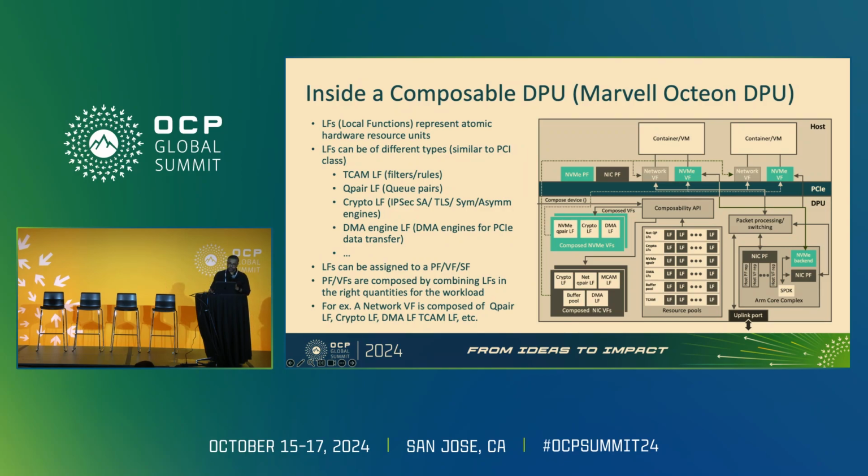One is an NVMe VF and one a NIC VF. The NVMe VF is composed of a QPair LF, a crypto LF for NVMe encryption, and a DMA LF. Similarly, a NIC VF has a crypto LF, a NetQPair LF, an MCAM LF, and a DMA LF. So these are the ways in which you can collect these LFs together and make them into higher order devices.